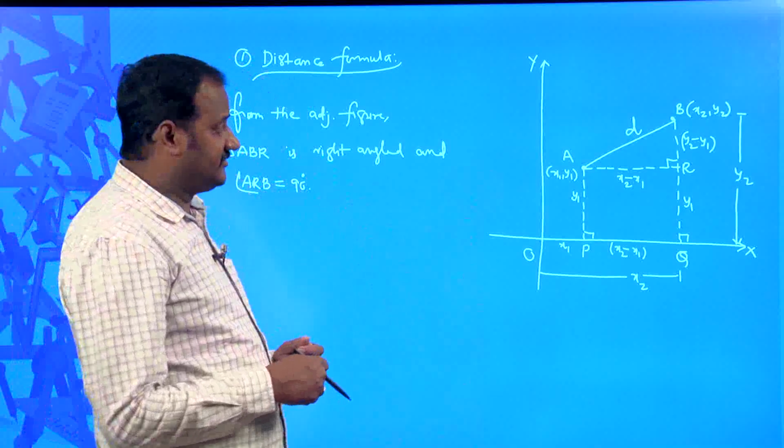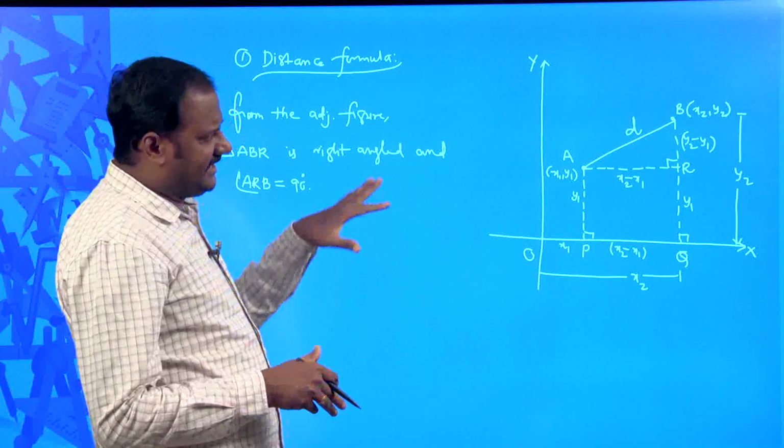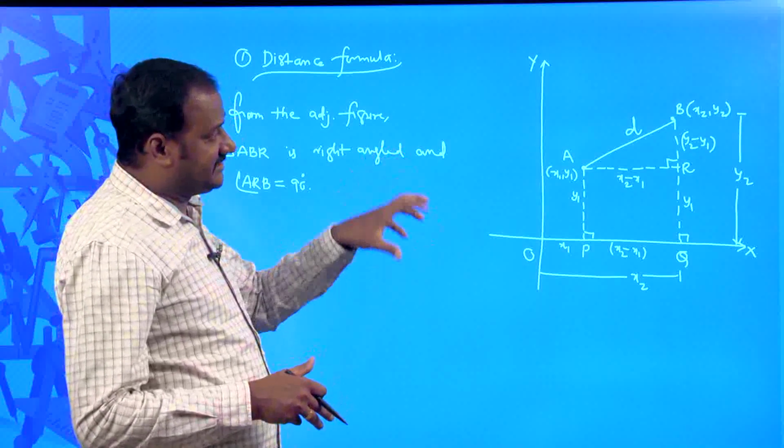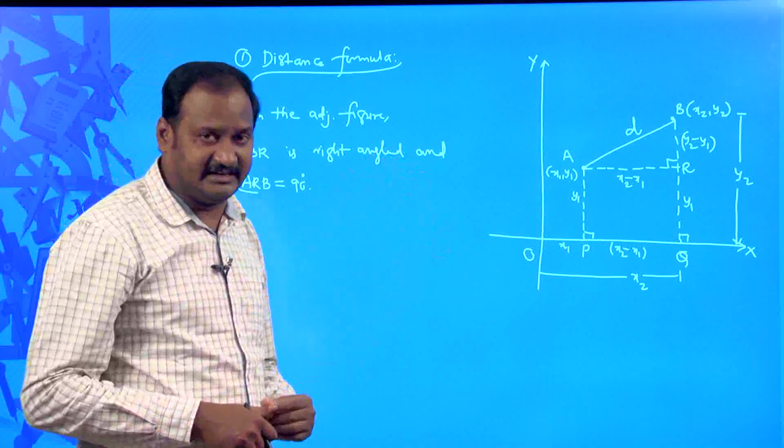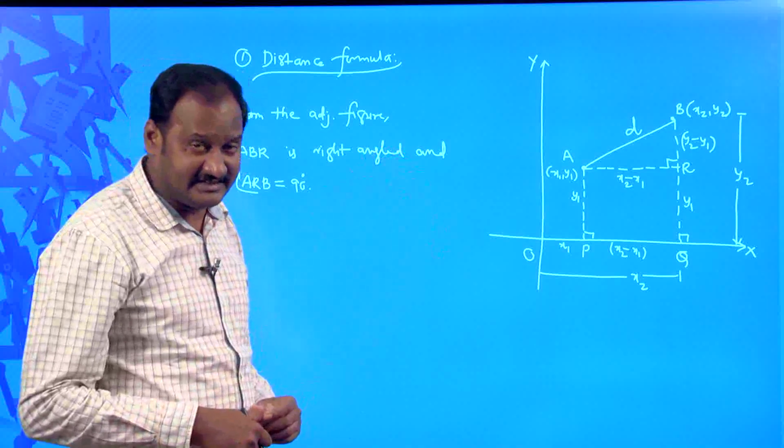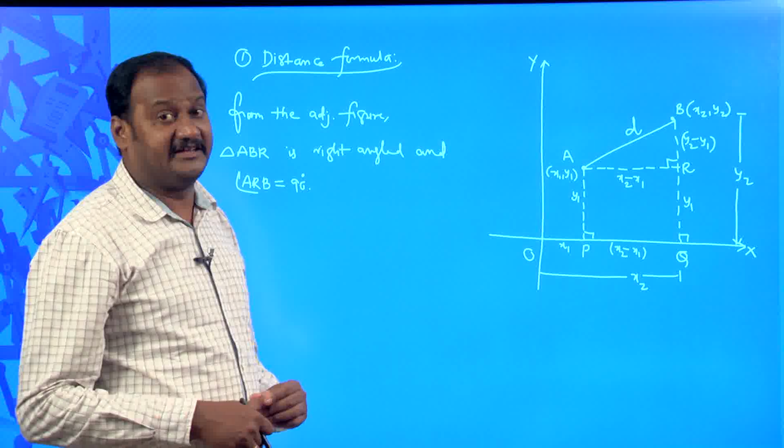If ARB is equal to 90 degrees, then is there any familiar, interesting concept defined on right angled triangles along with the sides? Yes, that is the Pythagoras theorem.